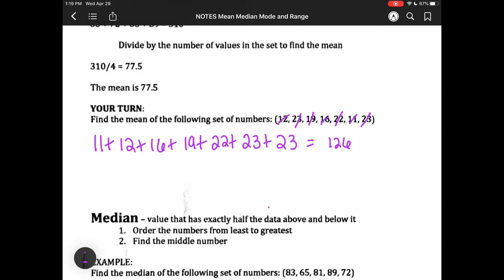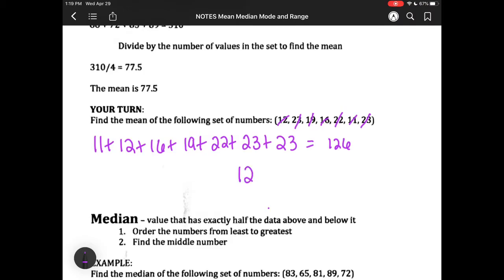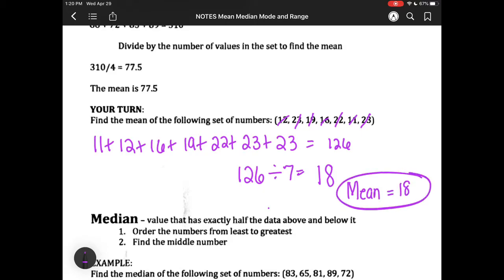And I said there were 7 numbers. Divide by 7. 126 divided by 7 is 18. Is that right? 18. So our mean equals 18.